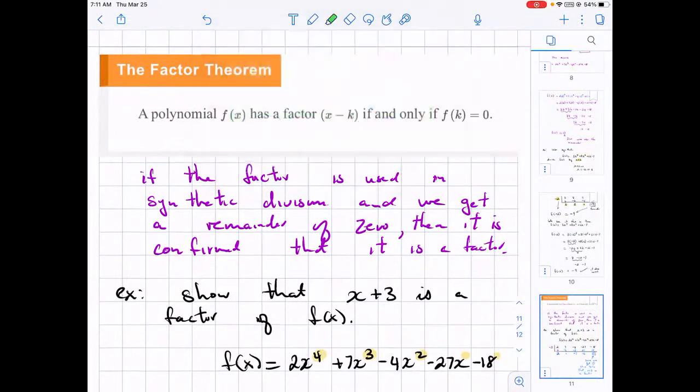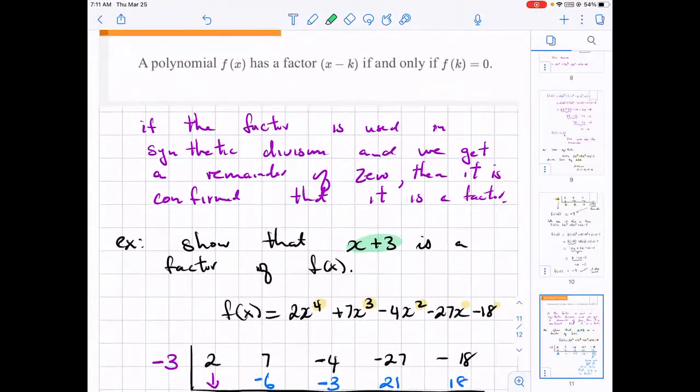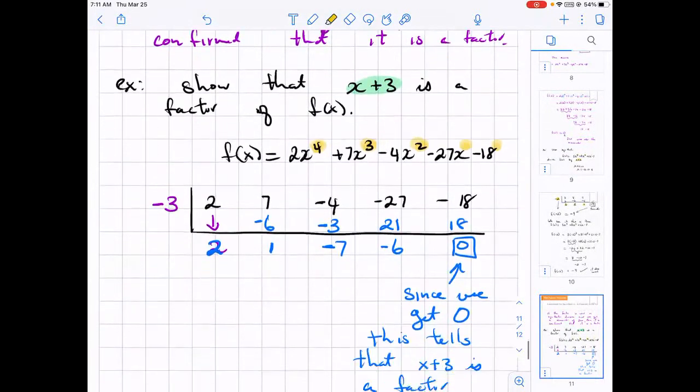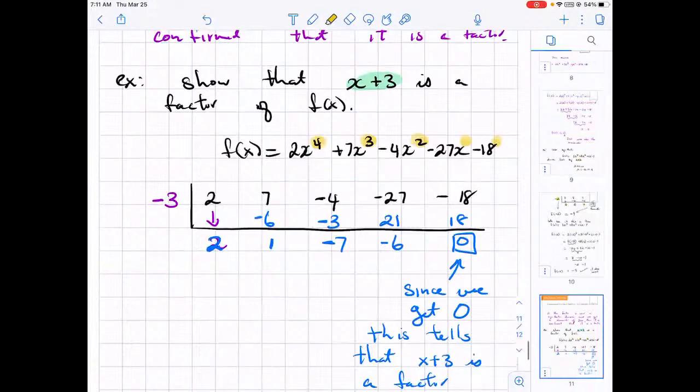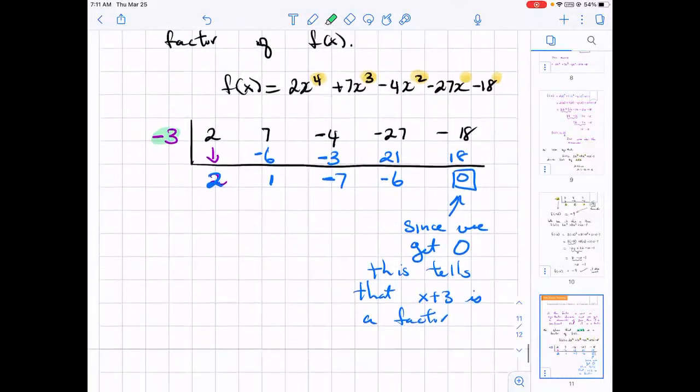If we want to show that x plus 3 is a factor of f of x, we have no missing terms here: 4 power, 3 power, 2 power, 1 power, constant term. If we perform synthetic division, remember since x plus 3 is a factor, then k would be minus 3. And you'll notice that you'll get 0 here. So since we get 0, this tells us that x plus 3 is an actual factor.